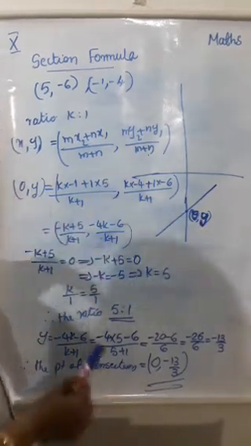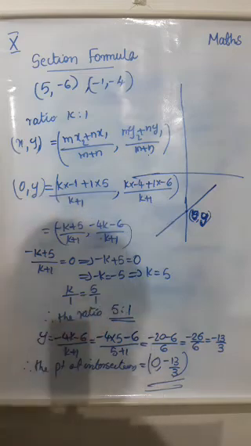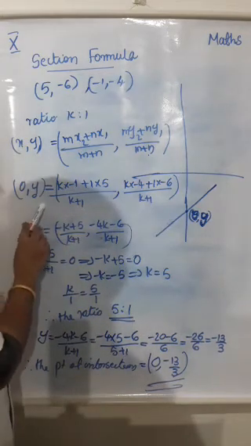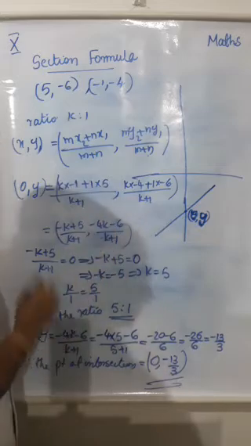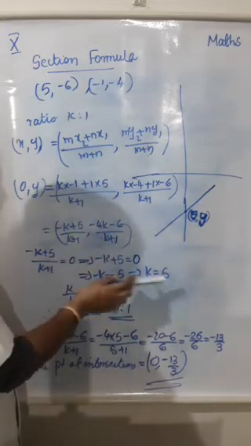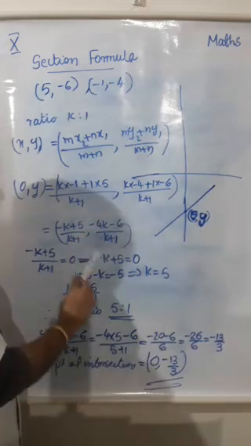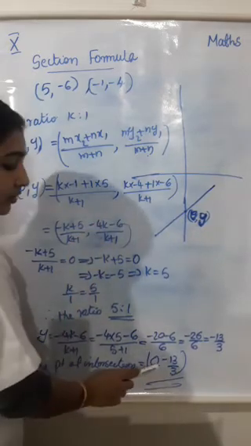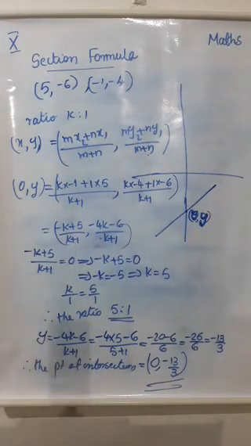From this, first we find the value of k and the ratio. Then we need to find the value of y. So substitute the value of k, which is 5, in the y coordinate. So we get 0, negative 13 by 3 as the point of intersection. Okay.